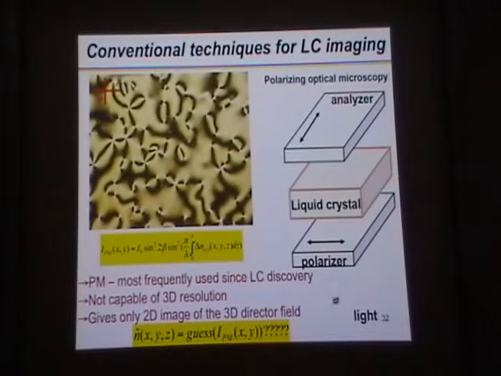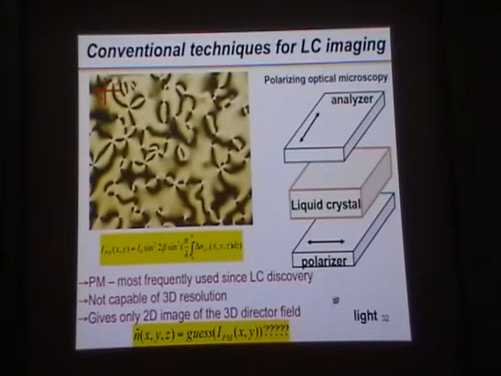But of course, this type of imaging provides only a two-dimensional picture of what might be happening in the three-dimensional sample, because the light is passing through the entire liquid crystal slab and gives you only two-dimensional resolution of the orientational ordering in such a liquid crystal sample.